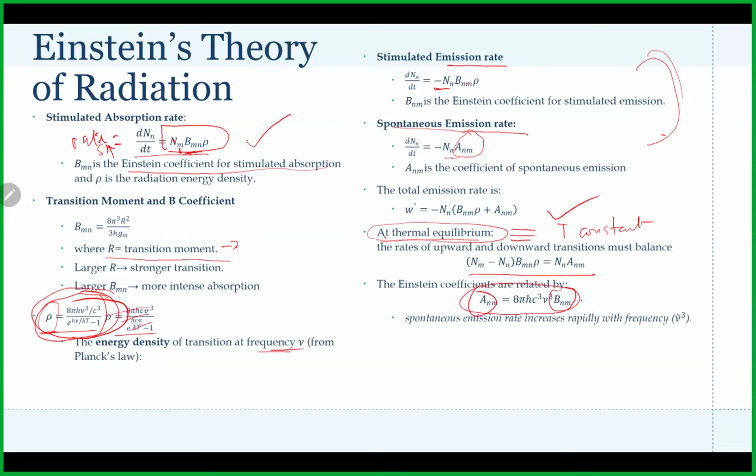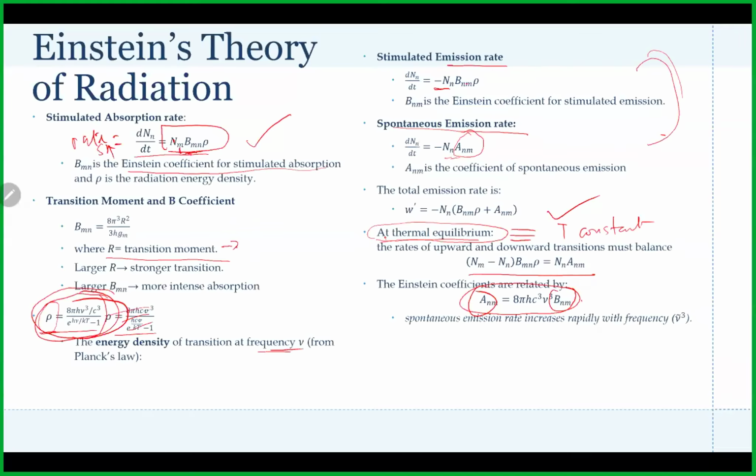Why we are looking at this is to tell us that the population of the state changes frequently. And how does it change?